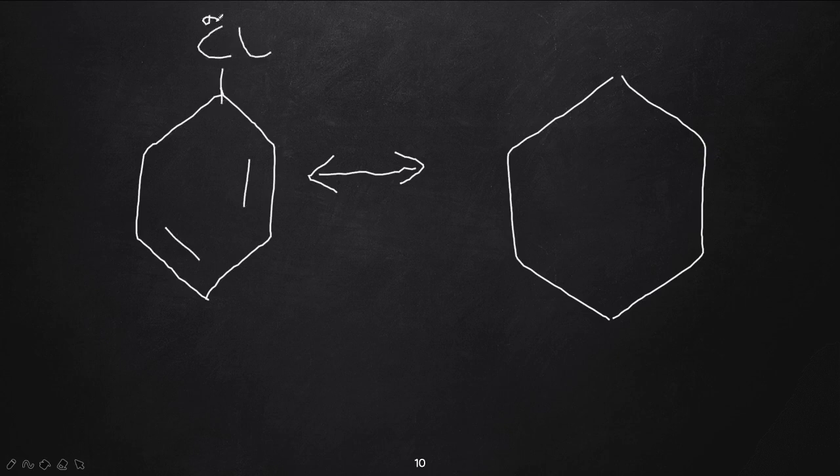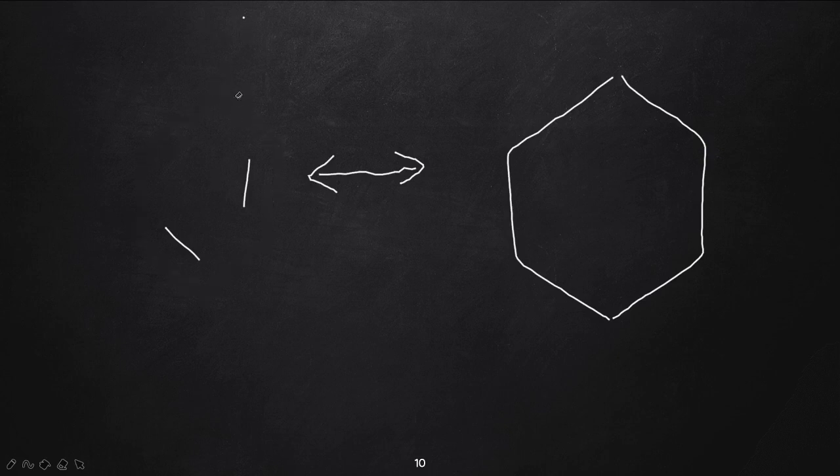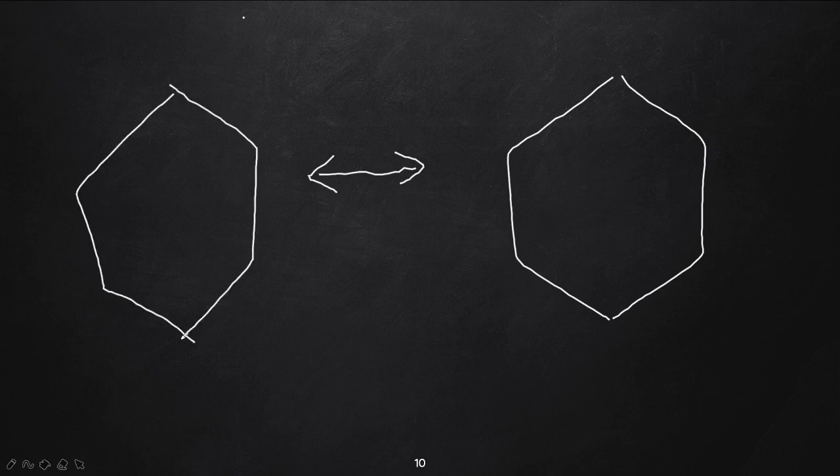Now these are the two electrons of the chloride that are participating in the bond. Let me make everything a little bit bigger. So let's go again. This is the Cl, and these are the two electrons. This is the first, and this is the second.